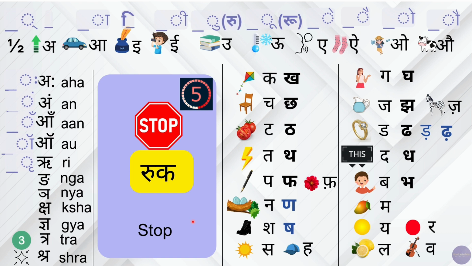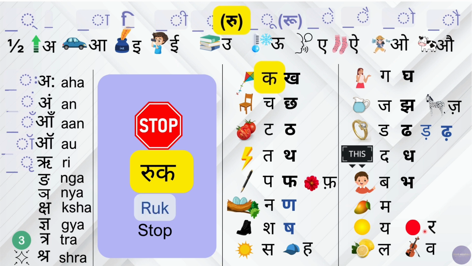This word means to stop. R as in red. R is the only special character in Hindi which does not follow the add-on symbol rule for O and U. So it's written in a special way like this.